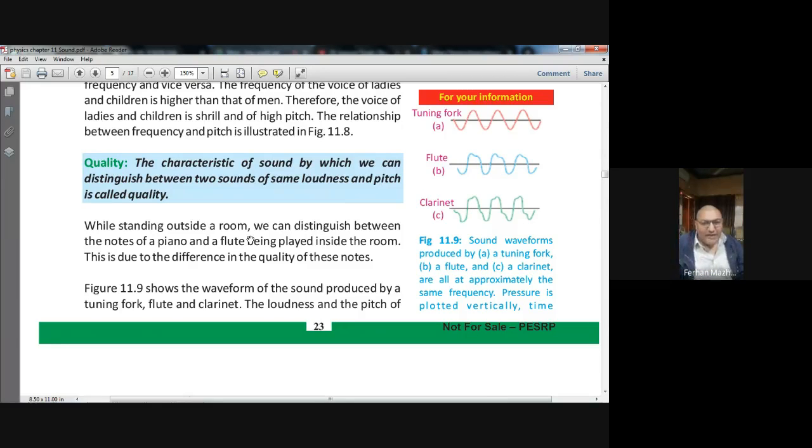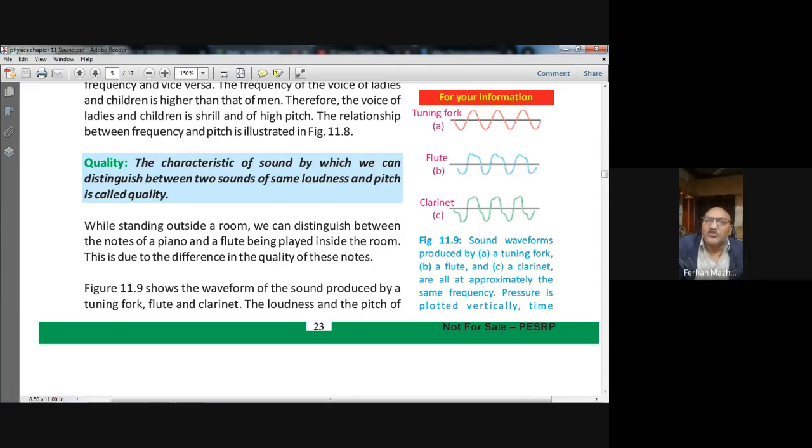If they have the same amplitude, the same loudness, their amplitude will be the same. But the basic shape of their wave will be different from each other.